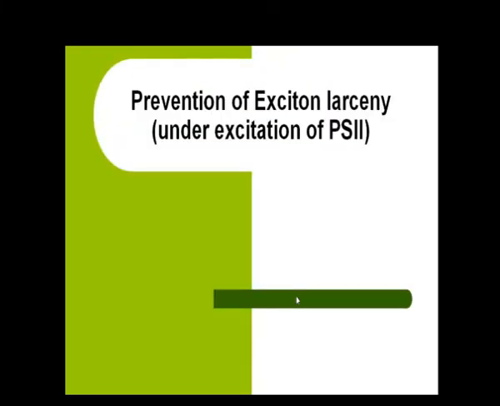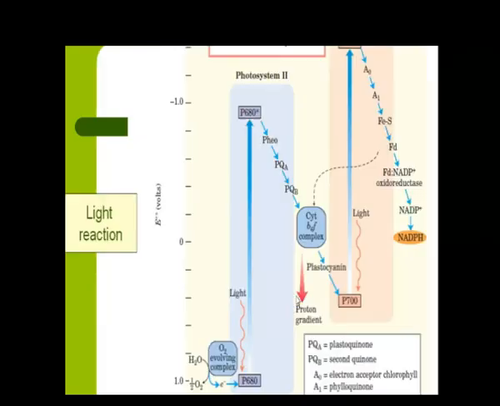Okay, exciton larceny. For this, what is on the y-axis? It is electron volts. You can see this P680 is approximately at 1 electron volt. P700 is approximately at 0.5 electron volt.